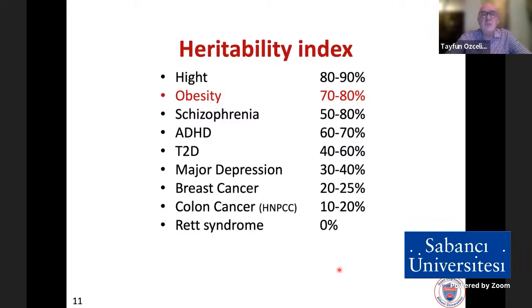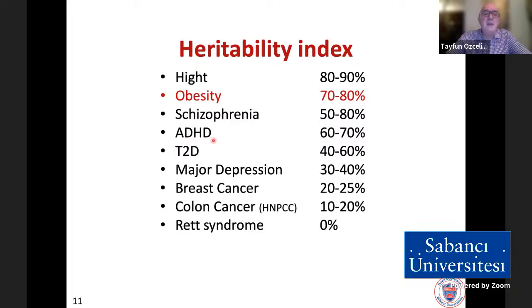So for these complex diseases, let's say height is 80 to 90% heritable. Obesity is 70 to 80% heritable. Schizophrenia, a devastating psychiatric disease, has 50 to 80% heritability.